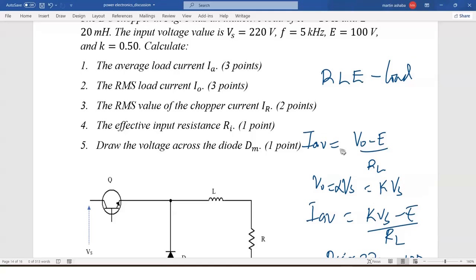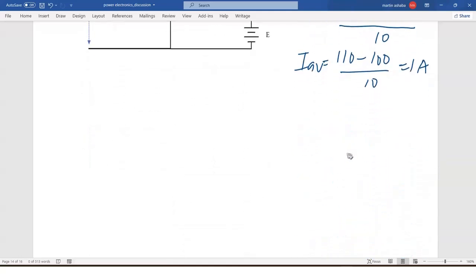Then let's look at I naught, the RMS load current, or the IRMS of the load. First of all, we know it is going to be of different values.